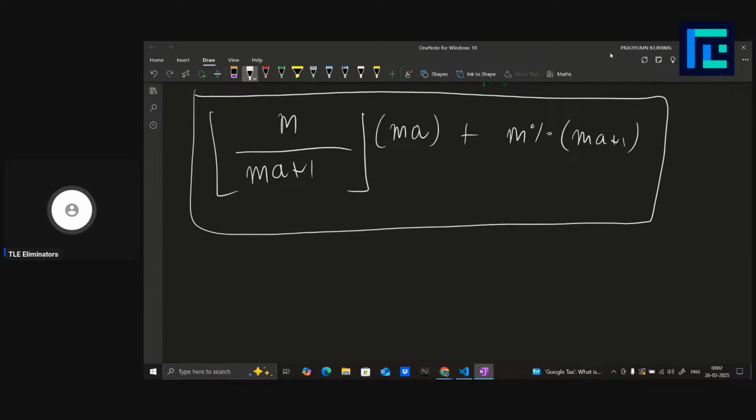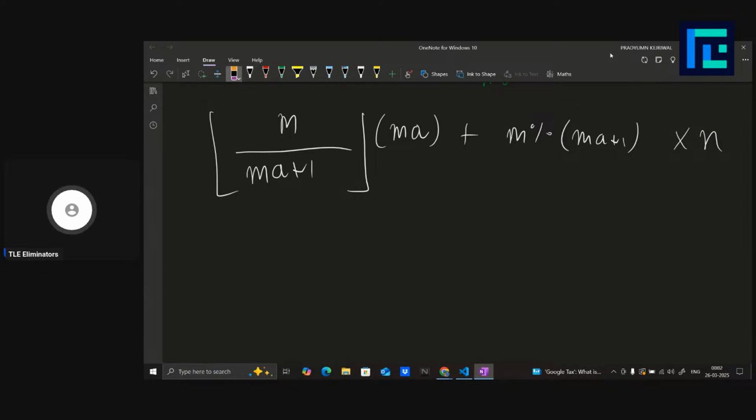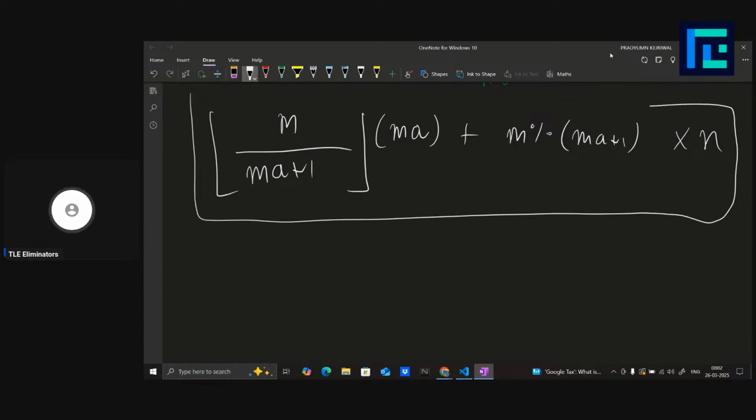And if you have n rows, you will just multiply it by n. So if your maximum bench size allowed is ma, then these are the maximum people you can fit on your board.